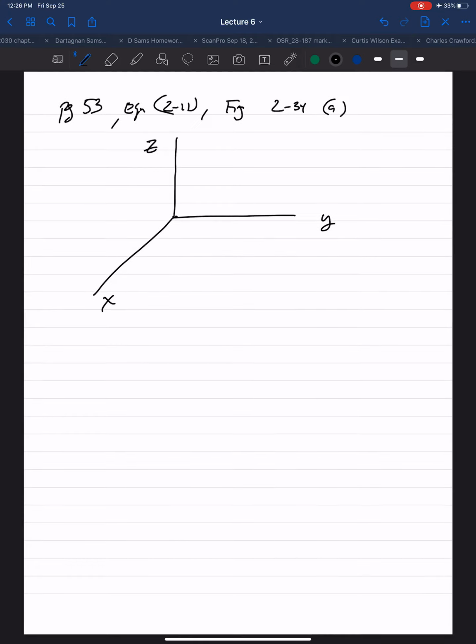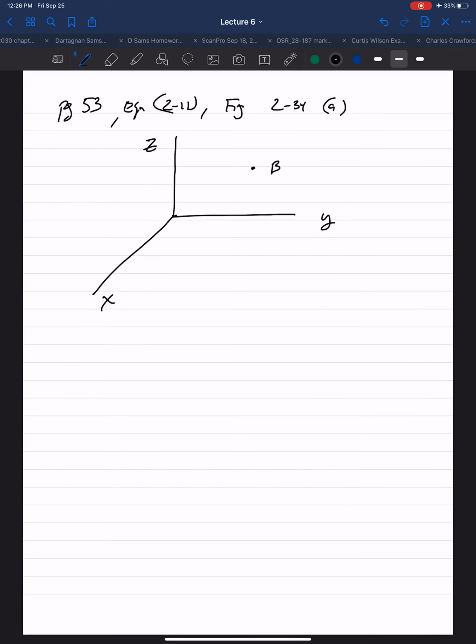If we had a point B and a point A, and the origin, we have a position vector R_B extending from the origin to point B, and a position vector R_A, then another position vector R that goes from the head of R_A to the head of R_B.